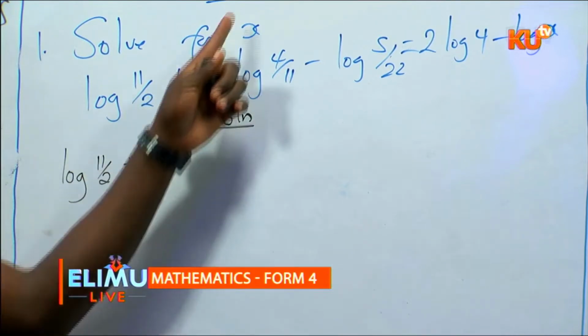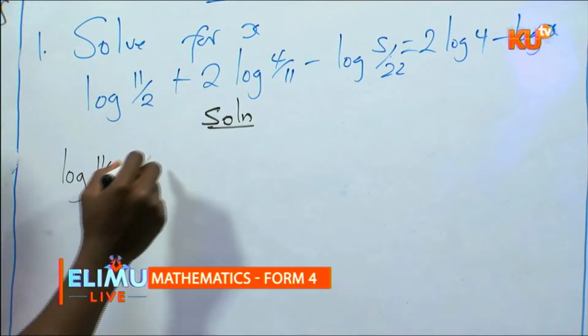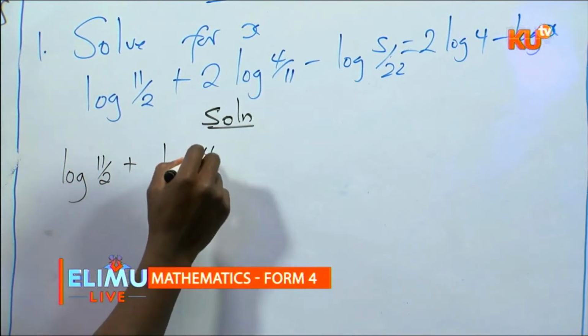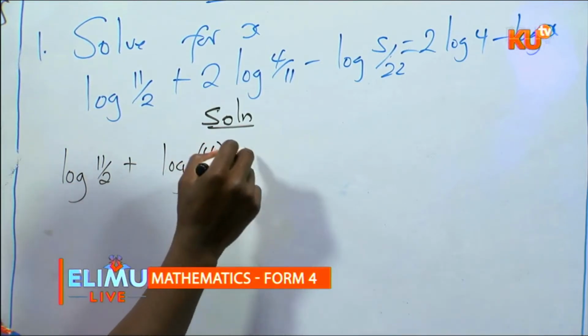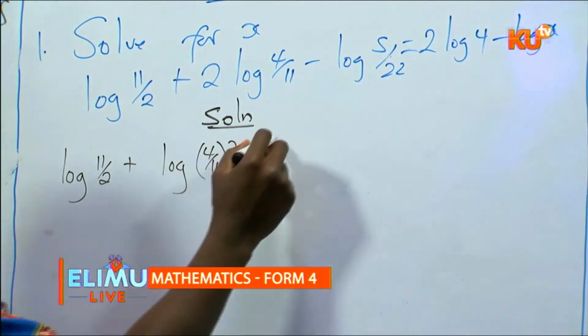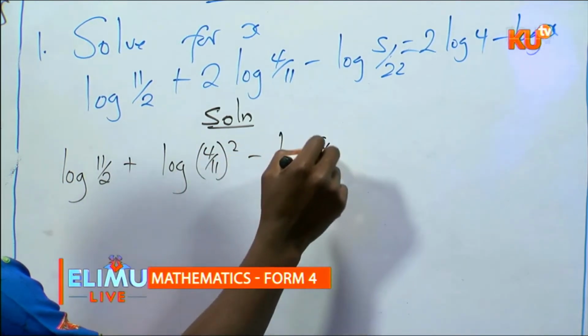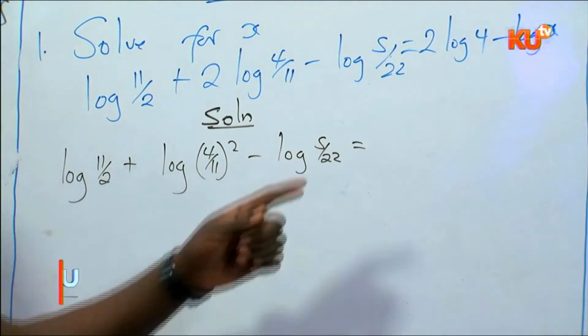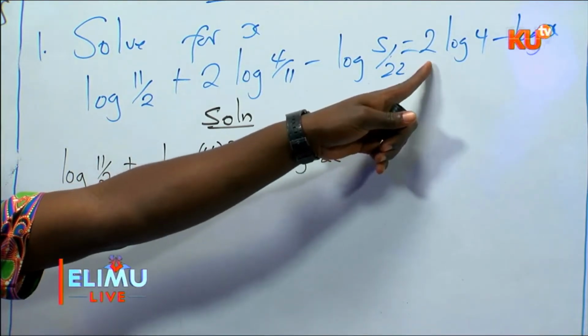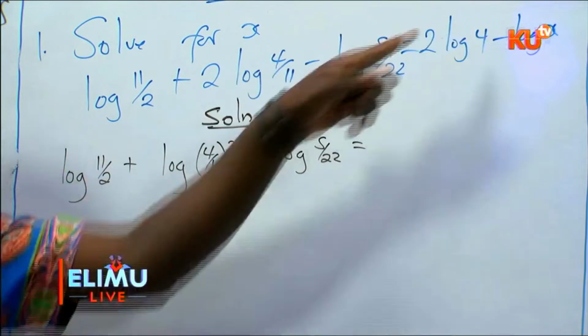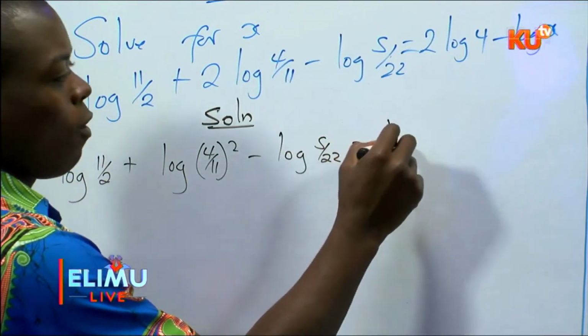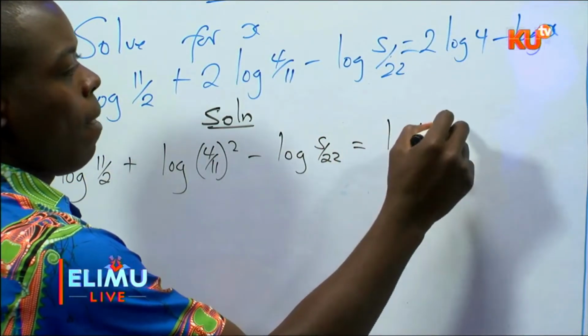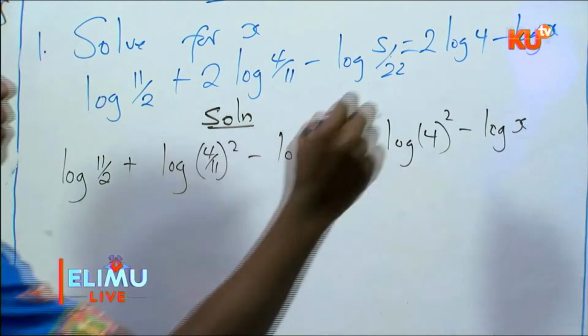So we'll take 2 to the other side. So it becomes log (4 over 11) squared minus log (5 over 22) is equal to, again, the third law of logarithm. 2 becomes the power of 4. So we have log of 4 squared minus log x.